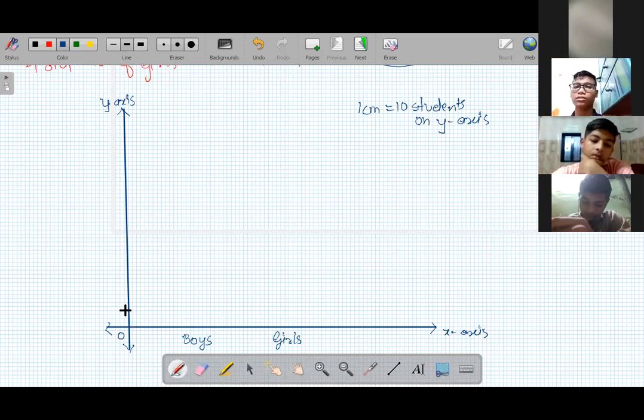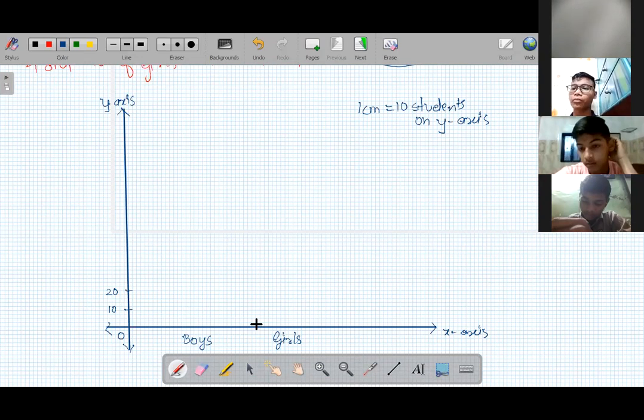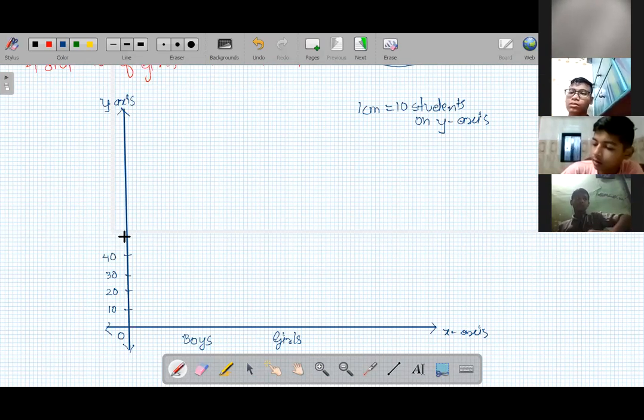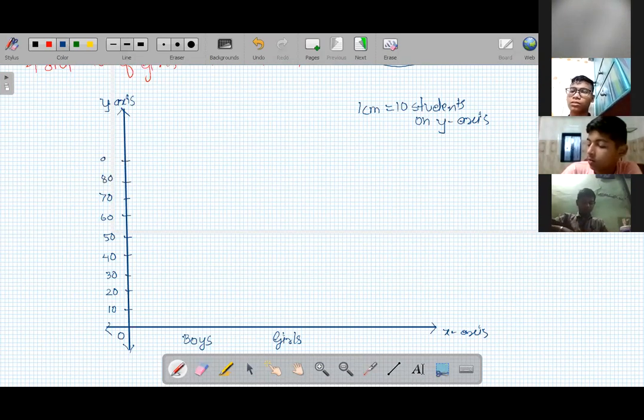So each centimeter you write: this is 10, 20, 30, 40, 50, 60, 70, 80, 90, 100, and I'll go up to 110.